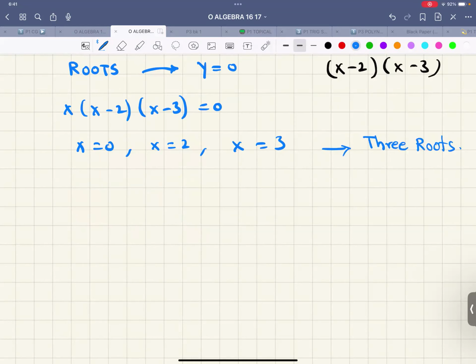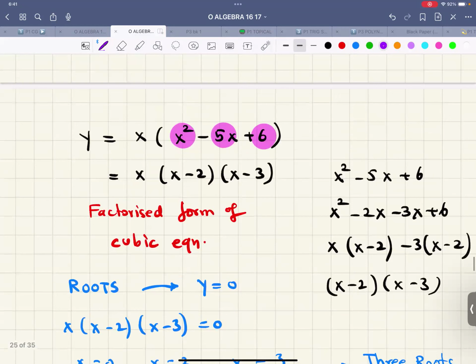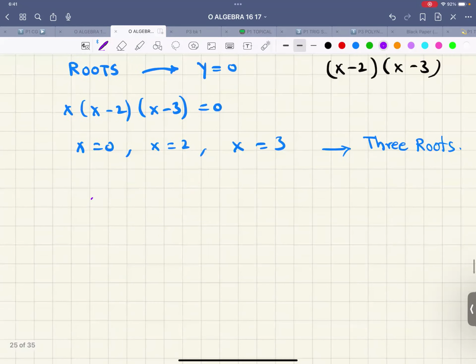Now, the next thing that I need to focus on is the coefficient of x cubed. So maybe this question originally was given as x cubed minus 5x squared plus 6x. So the coefficient of x cubed is positive.